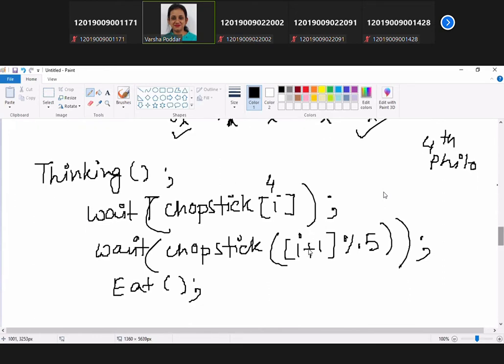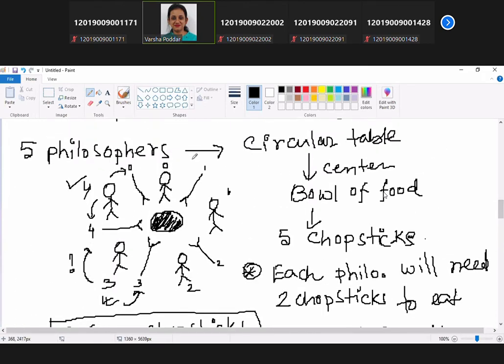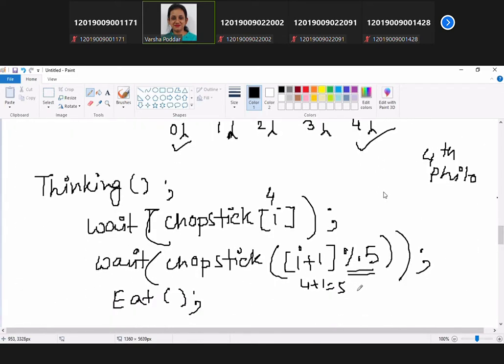If I don't do this mod, most of you will ask why we are doing mod 5; we can just do plus 1. But if I do plus 1, it will be 4 plus 1 equals 5. Do you have a 5th chopstick? No, you have to get back to 0, so I am doing modulo 5. So 5 mod 5 is equal to 0.